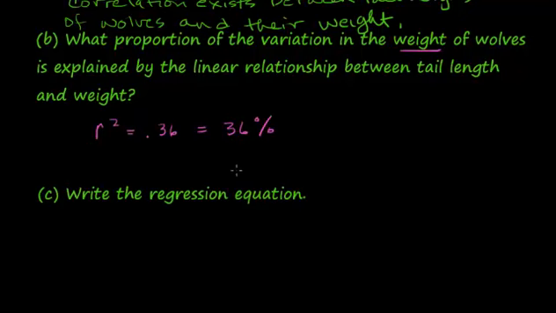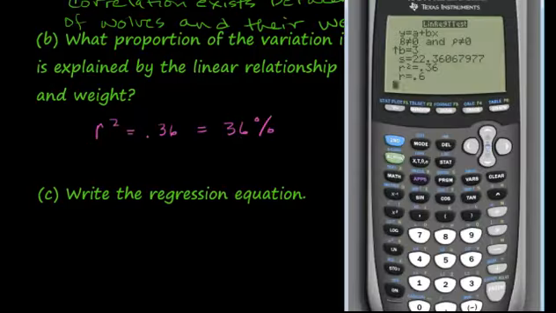Well, let's write the regression equation. Even though we haven't found a relationship, our calculator gives us this result. Remember, what we're looking for here is A and B. Those are the parts. Remember, the A is the y-intercept and B is the slope.